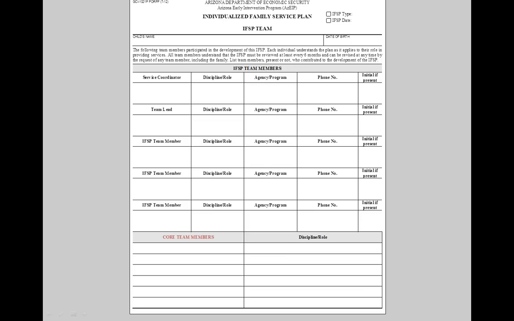For an annual IFSP, all team members working with the child and family are required to attend the IFSP meeting with the exception of the team member who conducted the assessment, who would be allowed to participate by phone, by sending a knowledgeable representative, or by making records available.